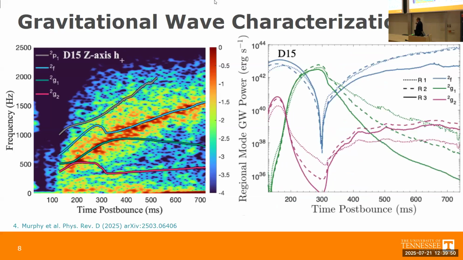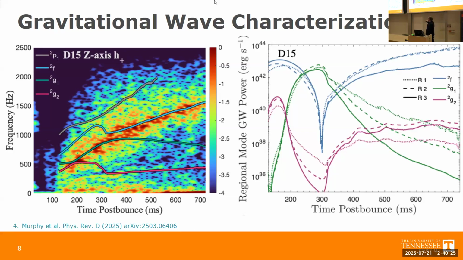Beyond that, we can actually calculate the luminosity from each of these oscillation modes. And this luminosity we're able to calculate within each region. And so what I've plotted here on the right is the power emitted as gravitational waves from each oscillation mode. That's denoted by color. And the line type is showing the region that is producing that much gravitational wave power. And so there is kind of an elephant in the room.